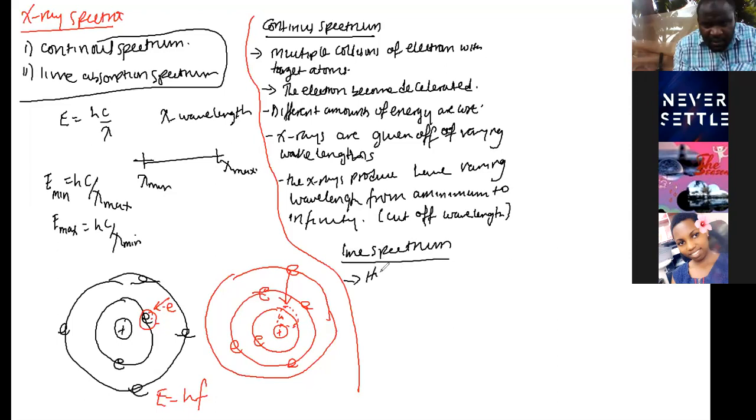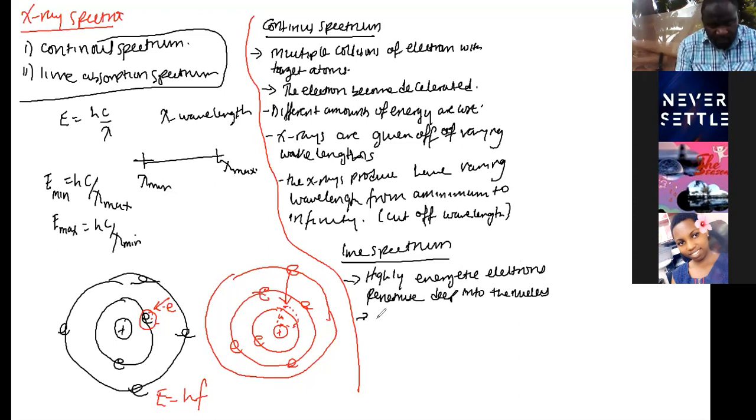Here, highly energetic electrons penetrate deep into the atom. What happens? They knock out an electron from the innermost shell.